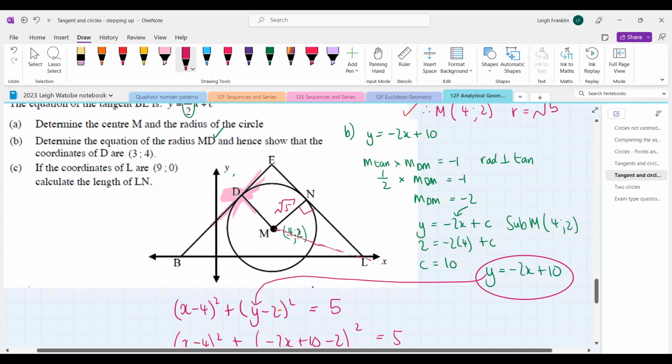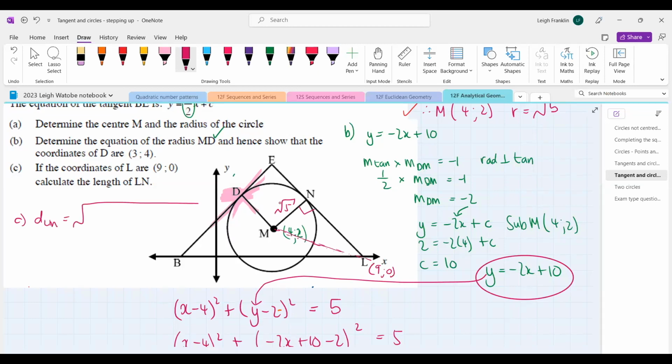We know the coordinates at L, it's 9 and 0. We can use distance formula to calculate the length of LM. So that's going to give us 9 minus 4 plus 0 minus 2, and we get √29.